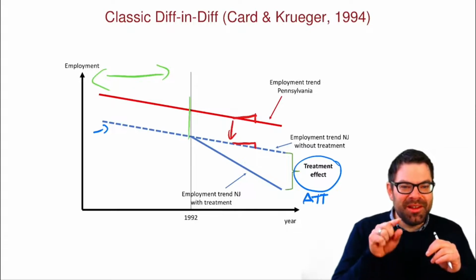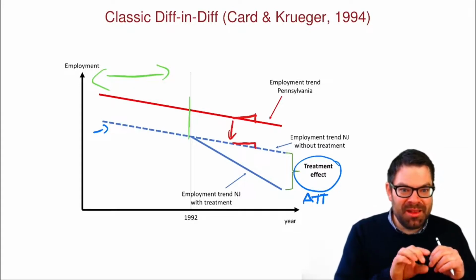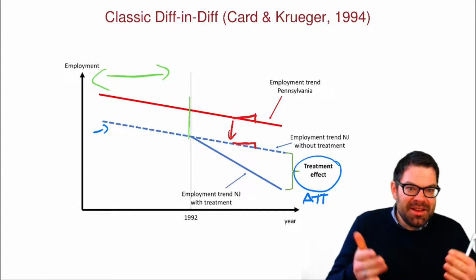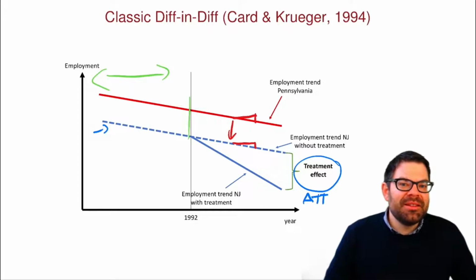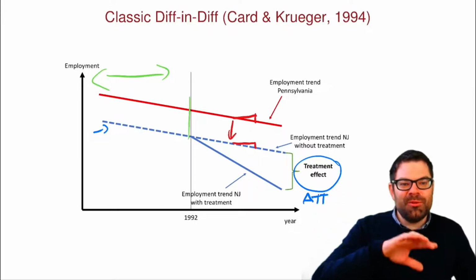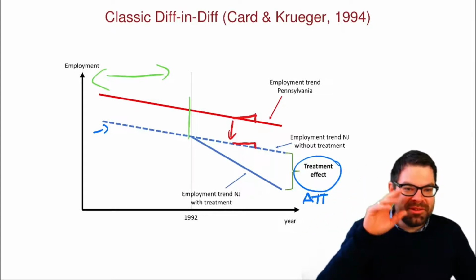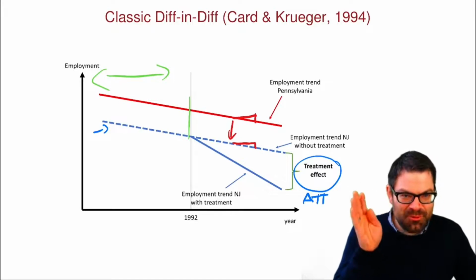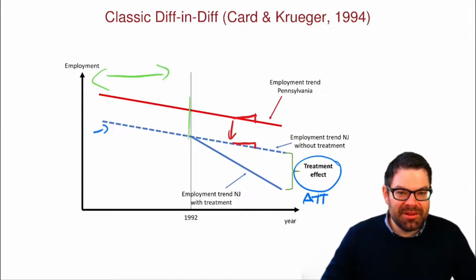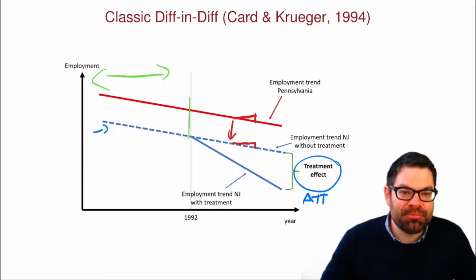The important and untestable assumption is that after the treatment, they would have moved the same way had it not been for the treatment. And that's an identification assumption that obviously you can argue for when you show that for many years before they have moved the same way, and then nothing else changed at that time except for the treatment, and then that had an effect on the treated group and led to that divergence.